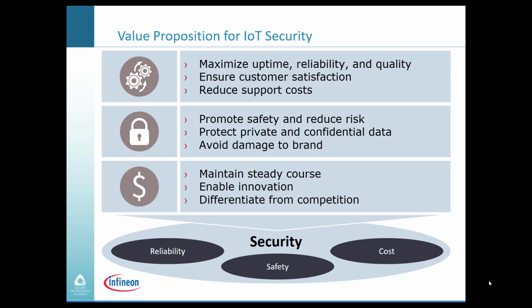And in order to protect those 3, which, after all, we're hoping to improve with our IoT systems, we need to make sure that proper security is in place so that uptime and reliability and quality are maintained. We avoid excessive risks, potential brand damage, or even injury to individuals, and we keep our companies on a steady financial course.